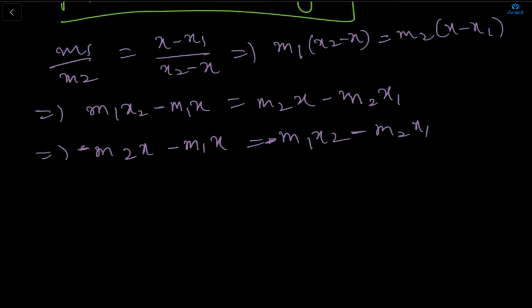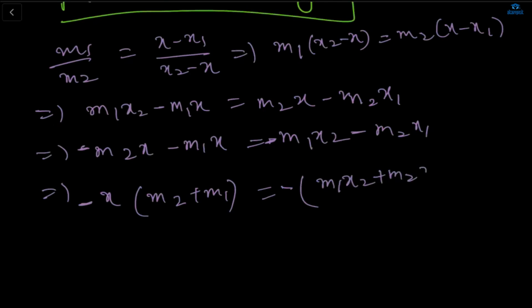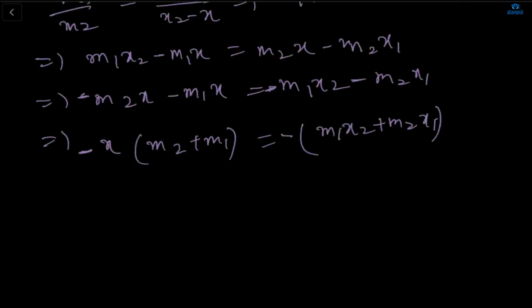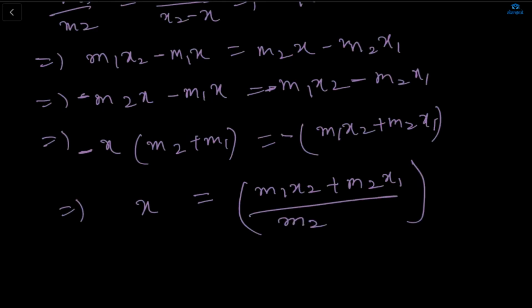We can take X common and it will be minus M2 plus M1. Here also we can take minus common, M1X2 plus M2X1. Now minus can be cancelled, multiplying both sides by minus. So X will be equal to M1X2 plus M2X1 upon M2 plus M1.